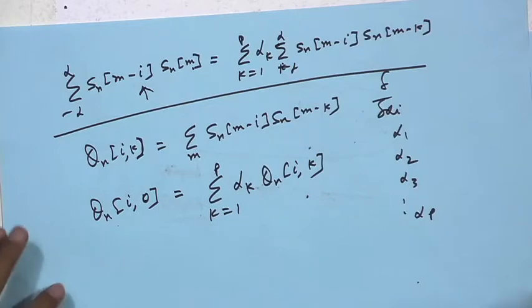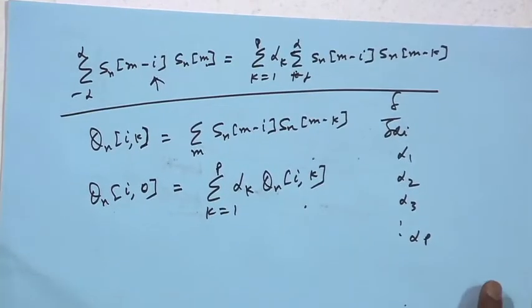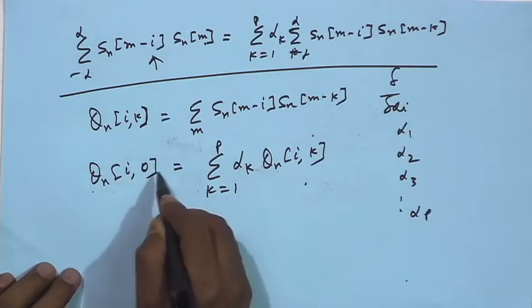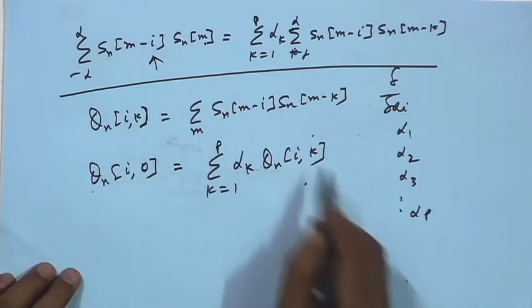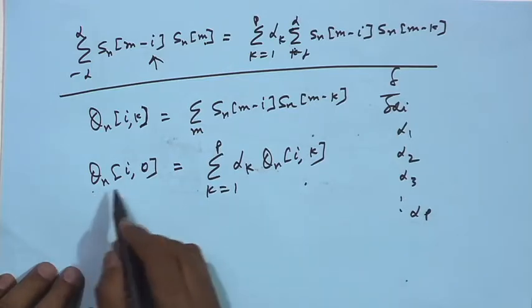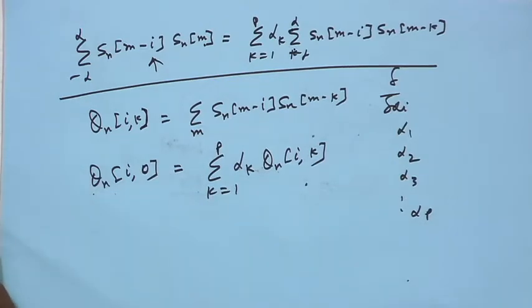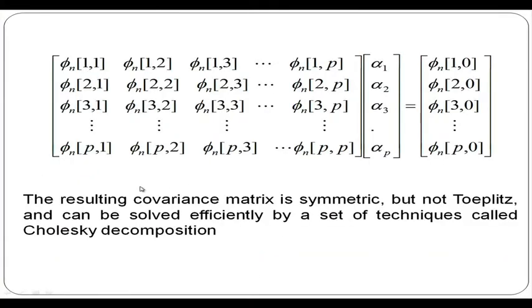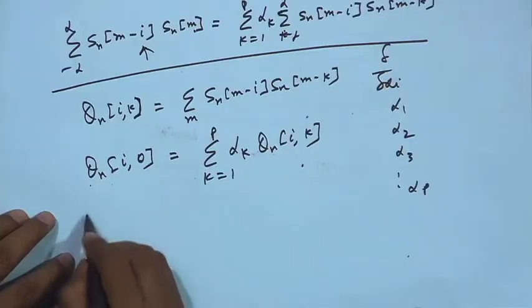So, after minimizing the error function, I get phi n i 0 is equal to the sum over k equal to 1 to p of alpha k phi n i k. So, I can see this is leading to a set of p equations in p unknowns that can be solved in an efficient manner. Now, if I write it in matrix form, what will I write?